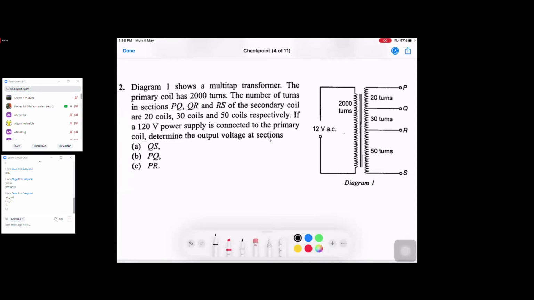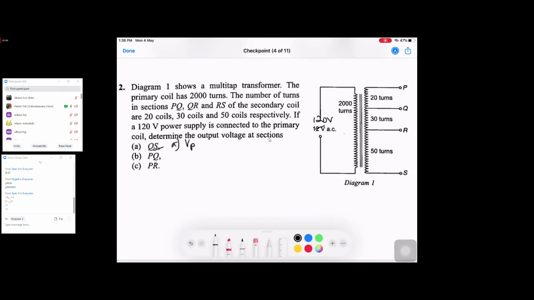If a 120 volt power supply is connected to the primary coil, determine the output voltage at each section.